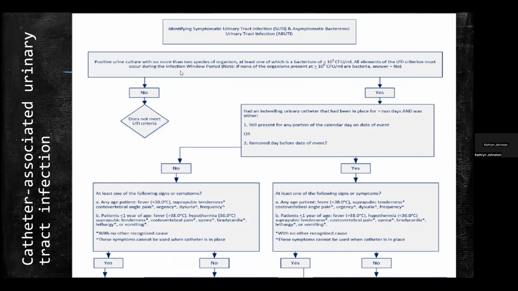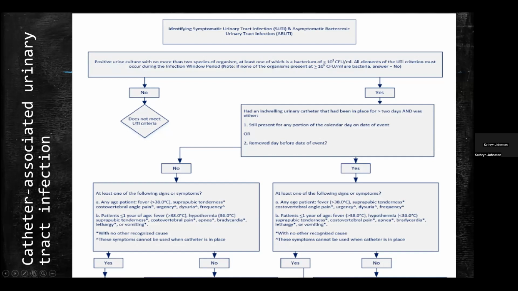But what is important to note is that the patient must have a urine culture with no more than two organisms identified, at least one of which has bacterium to the level of 10 to the 5th colony forming units, or CFUs per ml. So if they have a urine culture and it has 3 or more organisms, then they don't qualify for any of this.